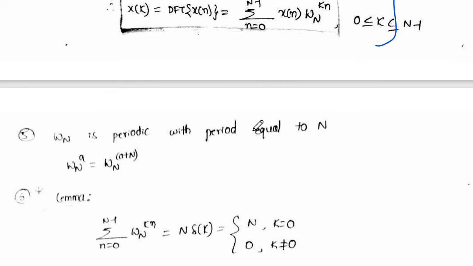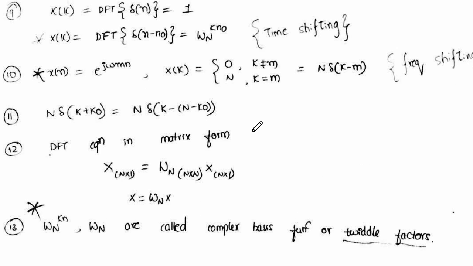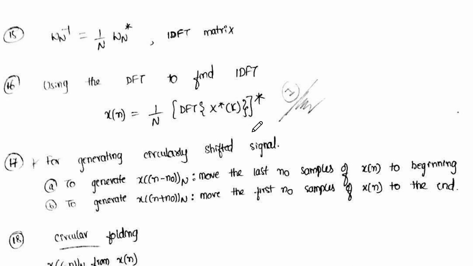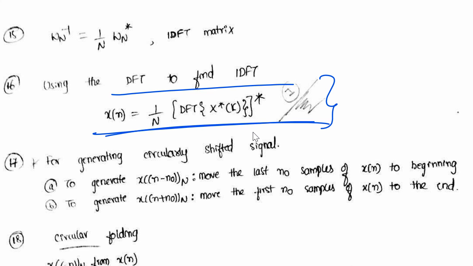These are all very important. Especially I was talking about using the DFT to find the IDFT, and that answer is straight away available in point 16. I will put this video in the cards, so you can go ahead and watch. I will also try to put it in the description.